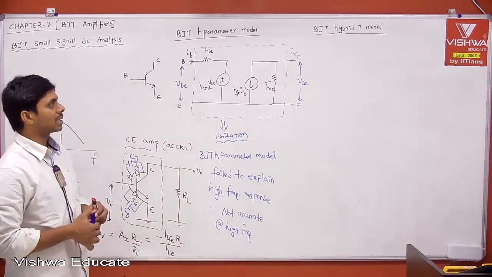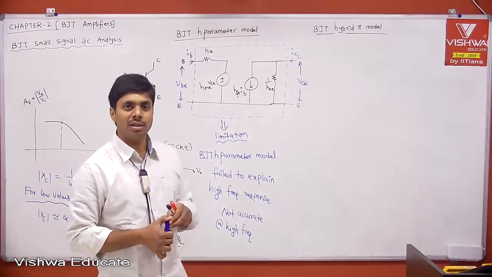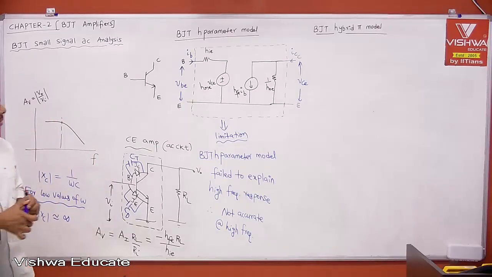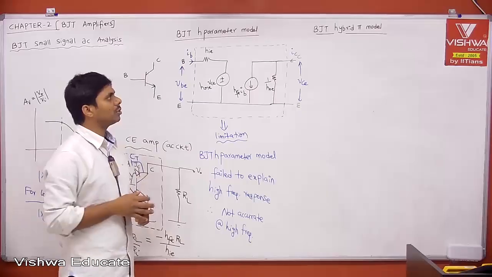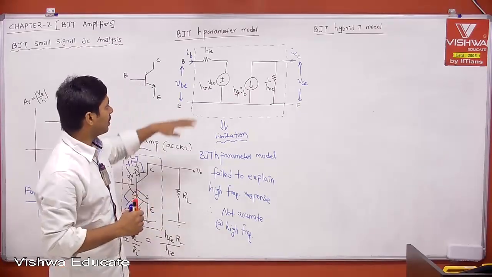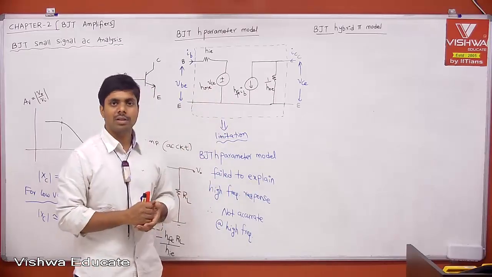Now, the BJT hybrid model has come into the picture to explain the high frequency response analysis, considering the BJT internal capacitances. But maybe you can say we can add capacitance directly to the H parameter model, then there is no need to go for anything else. Yes, I agree. But the H parameter model was being used for all the circuits.